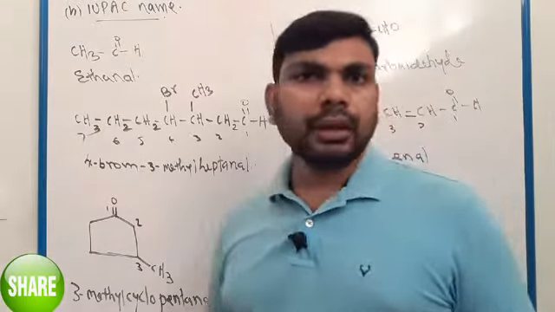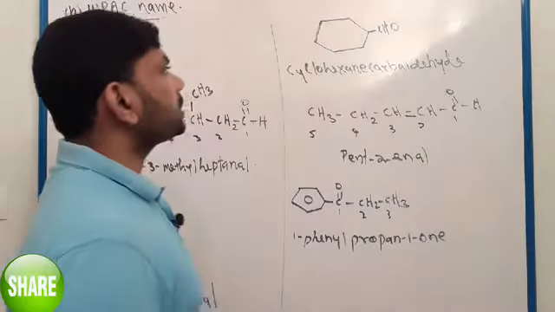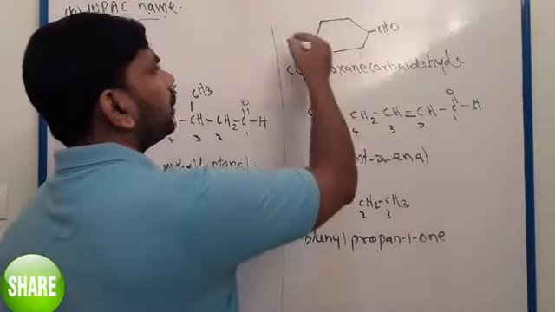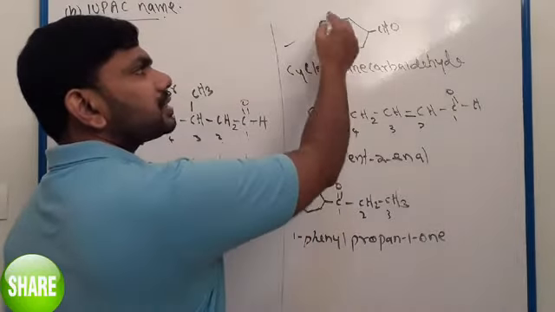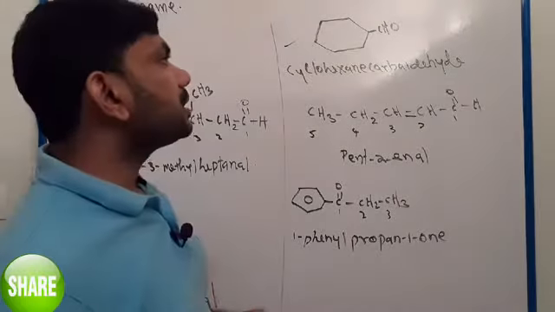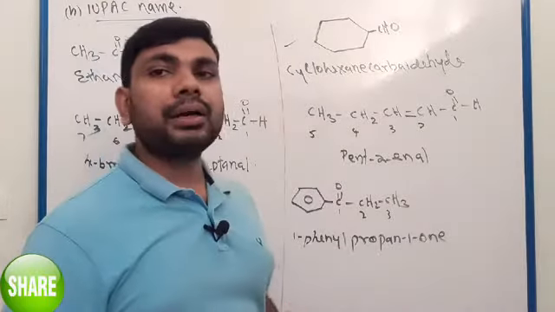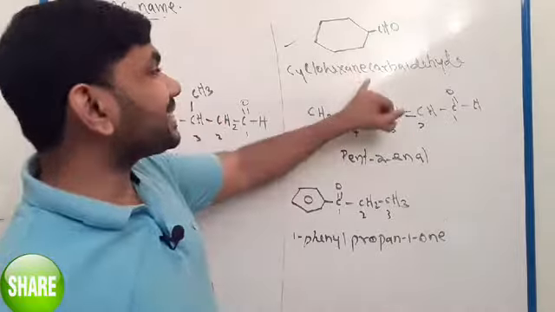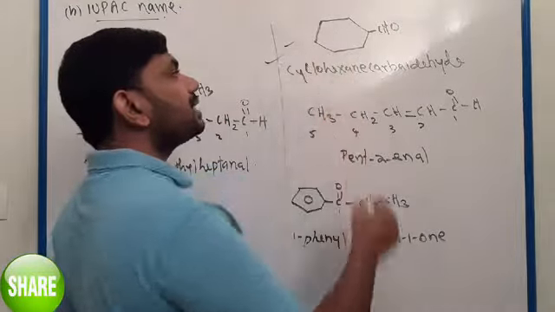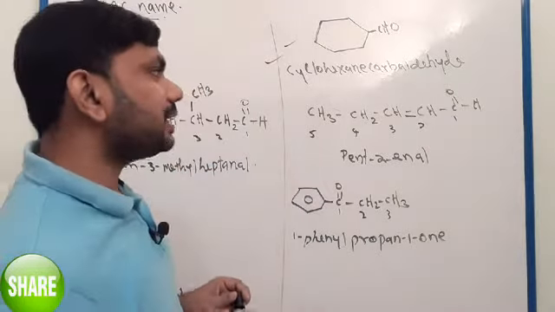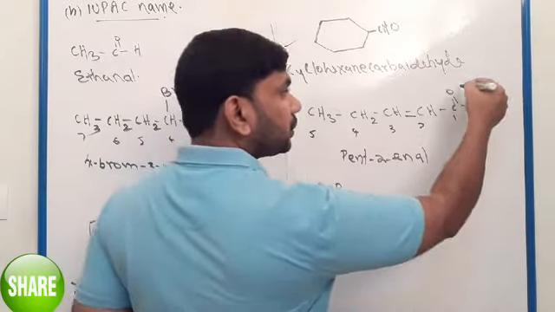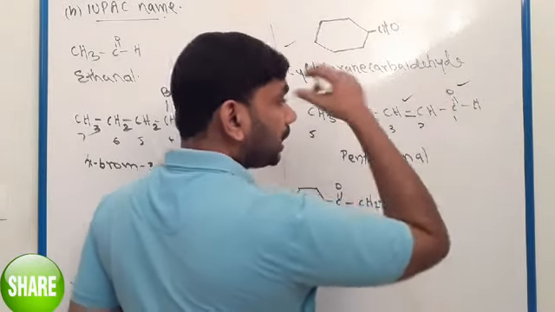Clear? And here this is an aldehyde on a cyclic compound with 6 carbon atoms, so cyclohexane carbaldehyde. This is the name of this compound: cyclohexane carbaldehyde.